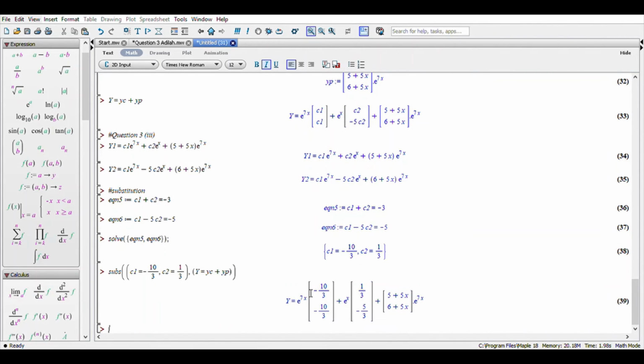This is our answer. In the real calculation, y equals e to the 7x times negative 10 over 3 plus e to the x times 1 over 3 plus 5 plus 5x times 6 plus 5x multiplied with exponent 7x. And yeah, that's all.